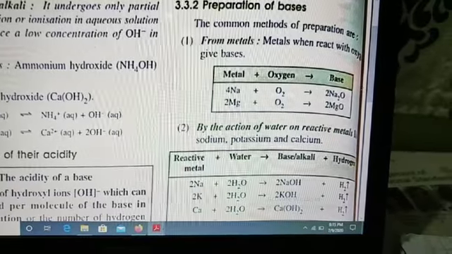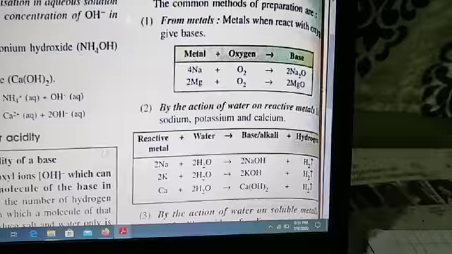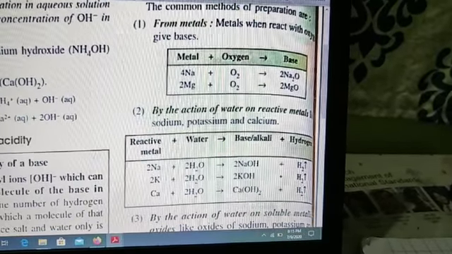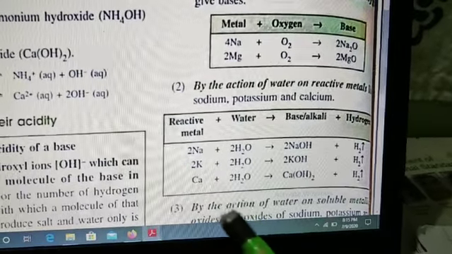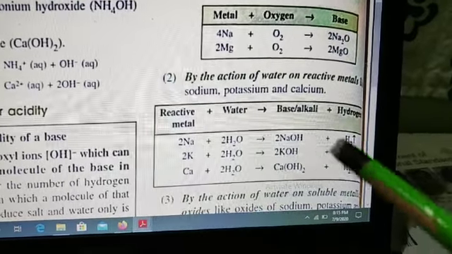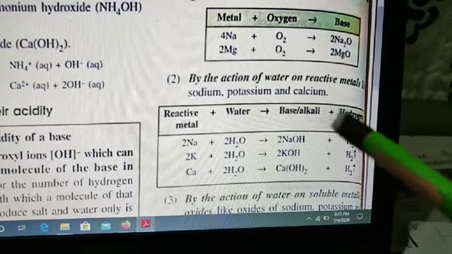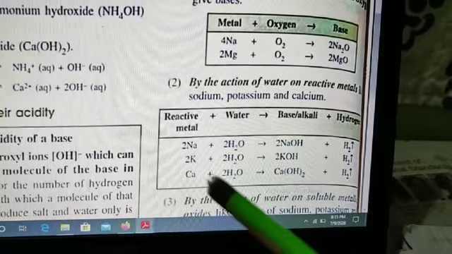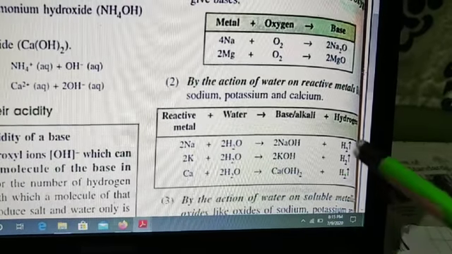The second method is by the action of water on reactive metals like sodium, potassium and calcium. We can also produce bases by the action of water on reactive metals. These reactions are also used in the preparation of hydrogen. So reactive metals, for example sodium, when reacting with water form sodium hydroxide base and hydrogen.